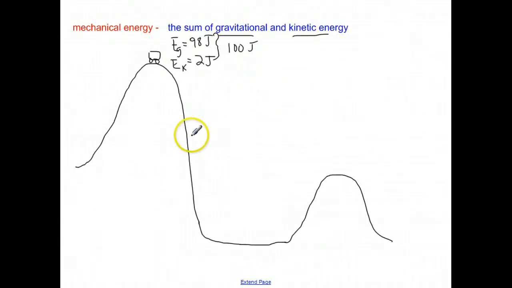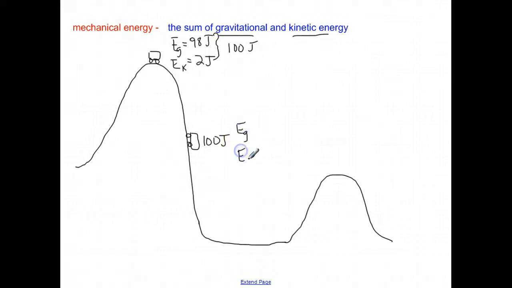So let's just say this cart now starts to move down the hill. And let's say we're about halfway. What happens is the total still stays the same. And this is what the conservation of energy says. The total amount of energy you start with is still the total amount of energy you have at any one point in your trip. But what happens is halfway down, you're moving pretty fast.